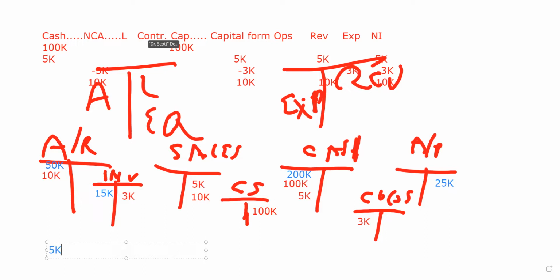So my cash changes. And what's the other side that's going to change? My sales aren't going to change, but my non-cash asset of receivables is going to go down. I have one asset up, one asset down, net impact of 0. Let me draw that in up here. I've got receivables down 5K, and cash up another 5K.